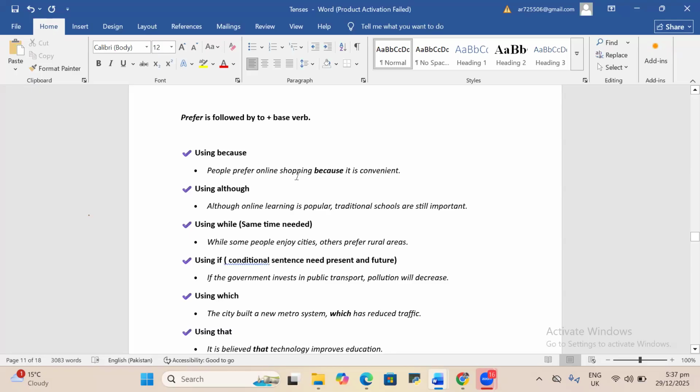People prefer online shopping because it is convenient. So basically when you use different phrases and clauses, one of the clauses depends on the other, or one is independent. So when you start practicing these complex and compound sentences, you can easily use them in your essay.